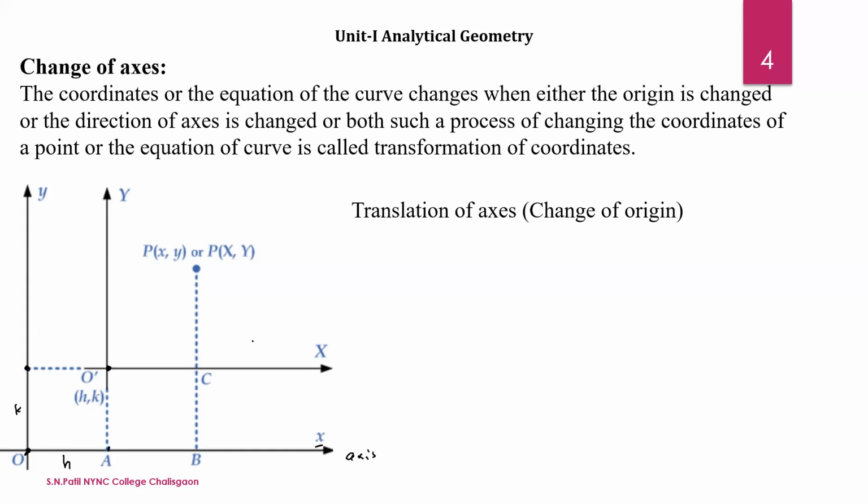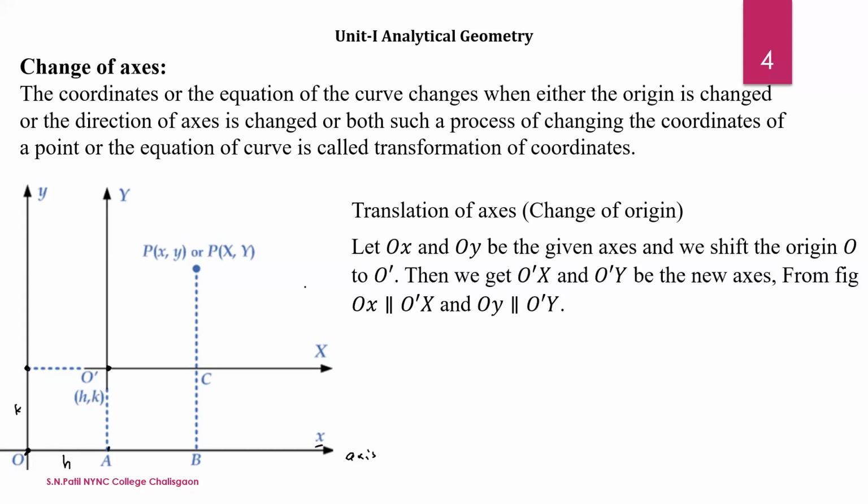Now see, let OX and OY be the given axes, and we shift the origin to O dash. Then we get O dash X and O dash Y as the new axes.